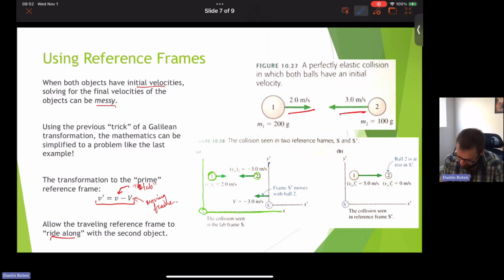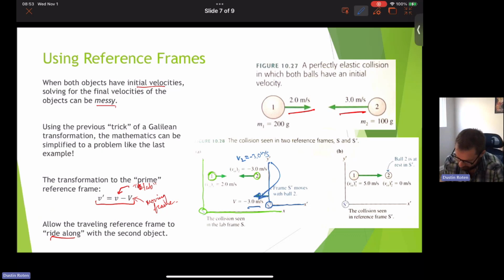So now the idea is, let's take this moving frame and have it move at the same speed and direction as the second object. The second object's velocity coming into the situation is negative 3 meters per second, which means this reference frame also has to have a velocity of negative 3 meters per second.